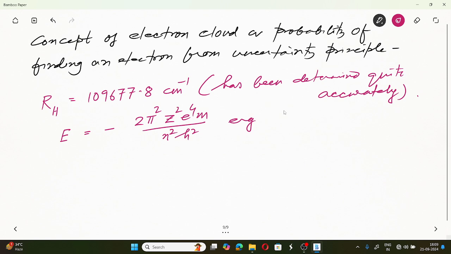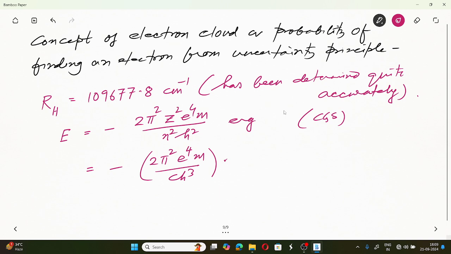Now, if we want to write it in terms of Rydberg's equation, so this is, of course, in the CGS unit. You can also write this in MKS unit. So if you write down the expression for Rydberg's constant, twice pi square e to the power 4 m divided by ch cube. This is Rydberg constant.